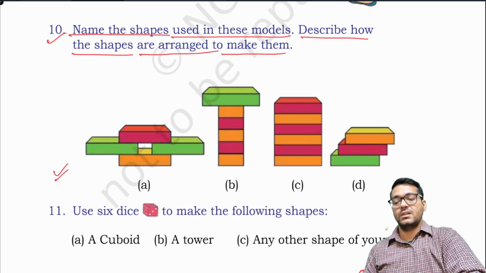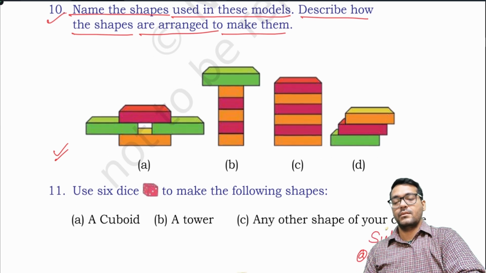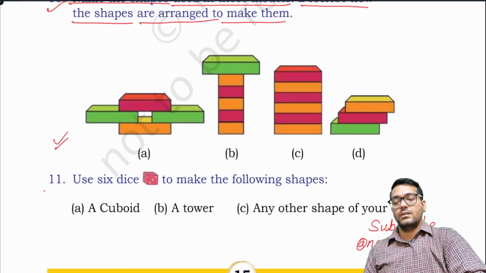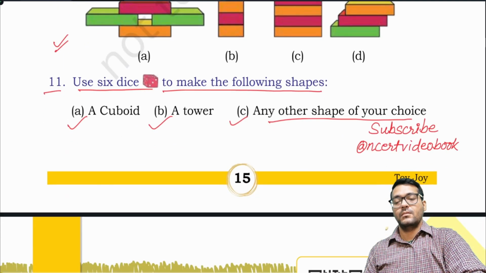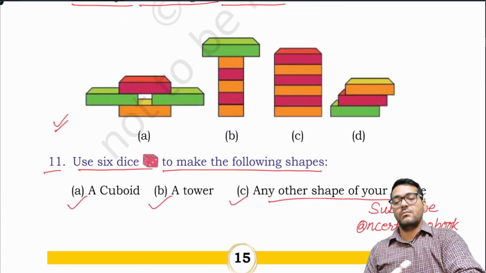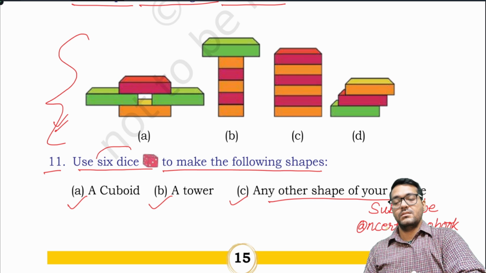You have to describe the structure. 11. Use 6 dice to make the following shapes: a cuboid, a tower, any other shape of your choice. You can make the models like this using 6 dice to make a cuboid, a tower, and any other shape of your choice.